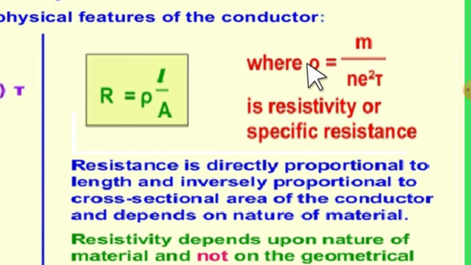Because if you take a huge copper cube, the resistivity is not that of the whole cube. Rather, we take a unit cube, that means of unit cross-sectional area and unit length. The resistance offered by that unit cube is known as resistivity. So it is independent of length and all. Got it?